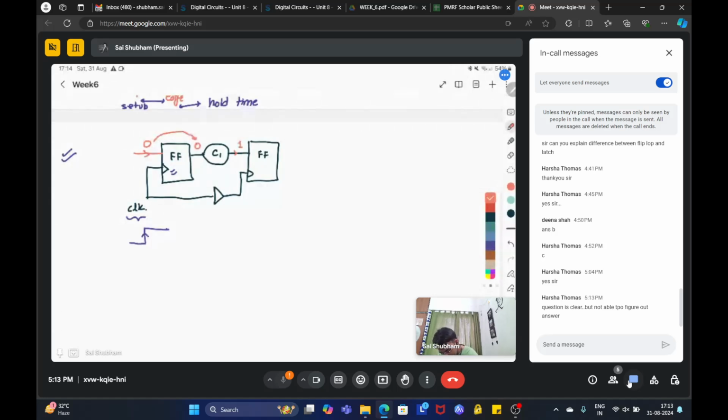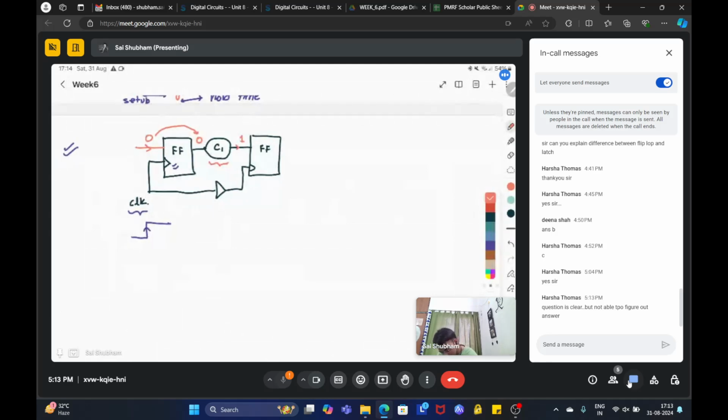And suppose the delay in the combinational block C1 is so small that this 0 propagates over here, and then this clock signal reaches here. So ideally this flop should register the previous value, which was this one, but now it will register a false value because this processing has happened. So this 0 will come instead of 1. So this will lead to some error.